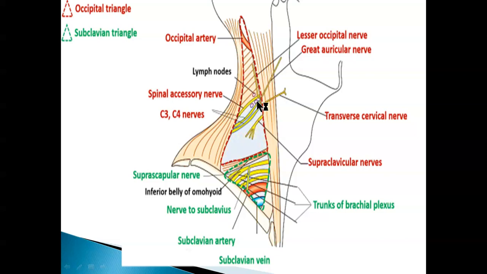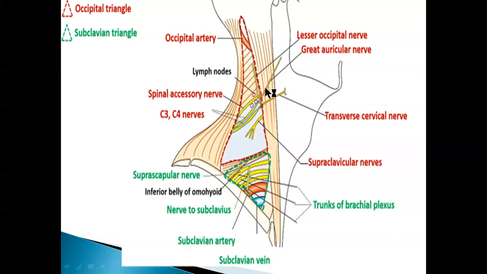The location of this area would be here, midway behind the posterior border of the SCM, sternocleidomastoid muscle. The main important structure of the occipital triangle is the SAN, the spinal accessory nerve.